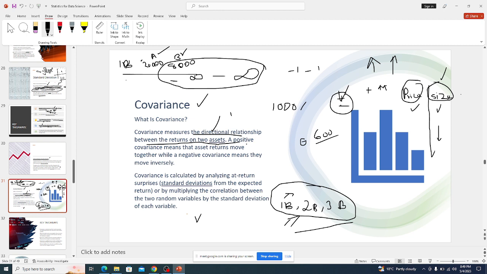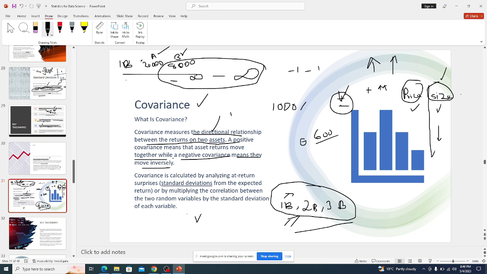A positive covariance means that the assets move together, while a negative covariance means that they move inversely. They are inversely proportional. When one is increasing, the other one is decreasing.